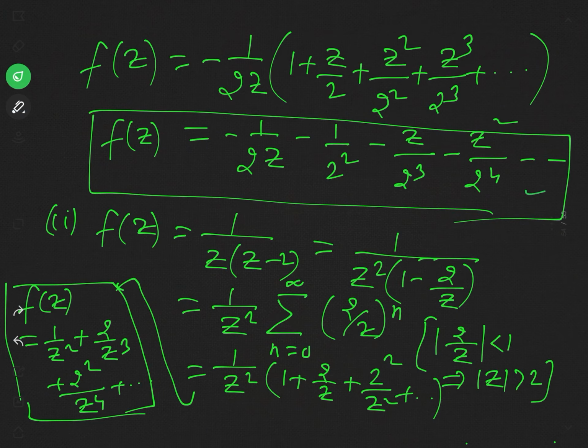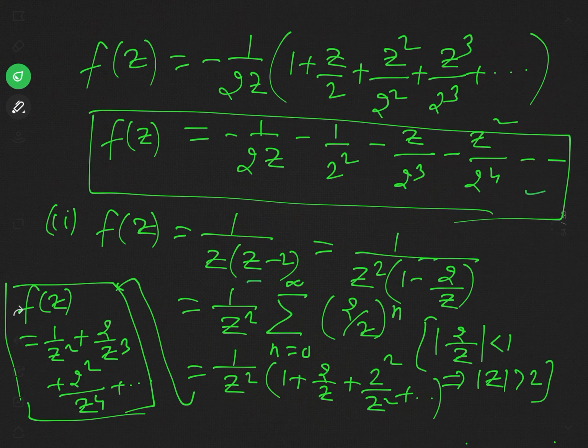Now the same function is expanded in the second region, which is actually given in this problem, and you can see f of z is equal to 1 over z into z minus 2, and if we take this z as a common factor, what will this be?